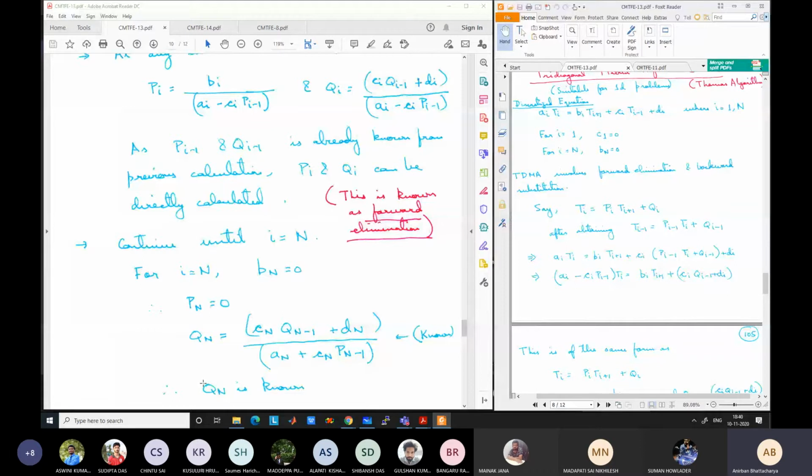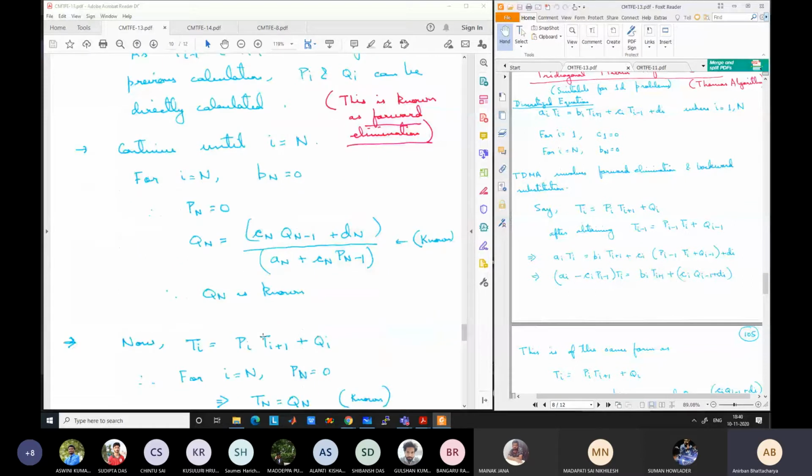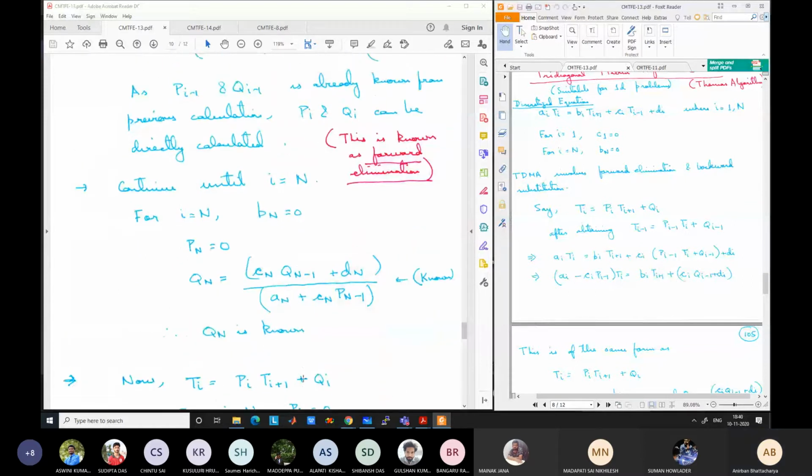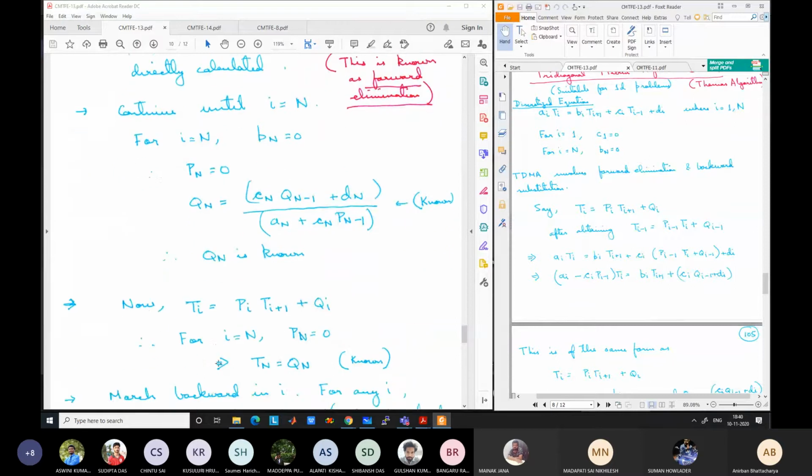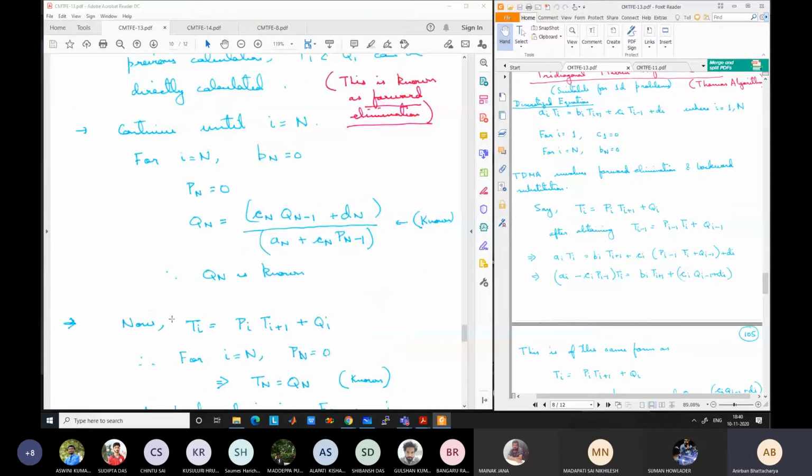Once you know the value of Qn, what needs to be done? For i equal to n, what is the form of the equation? Ti is equal to Pi Ti plus 1 plus Qi.